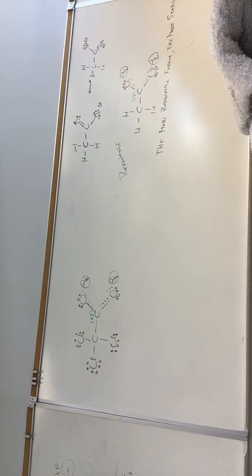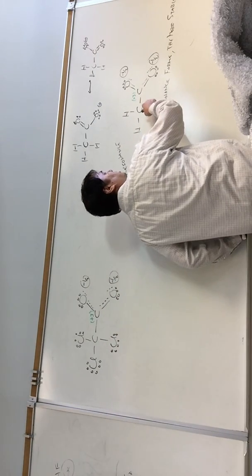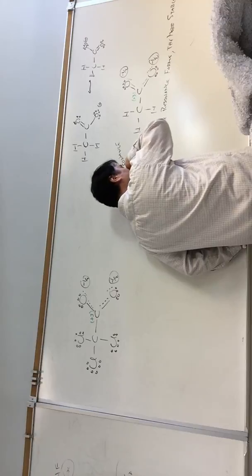So, are they going to be the same strength? The main factor here is the resonance delocalization. But here we're going to look at a combination of resonance delocalization with, well, we look at the next atom over. If you look at the next atom over, what's the oxidation state of this methyl group here?